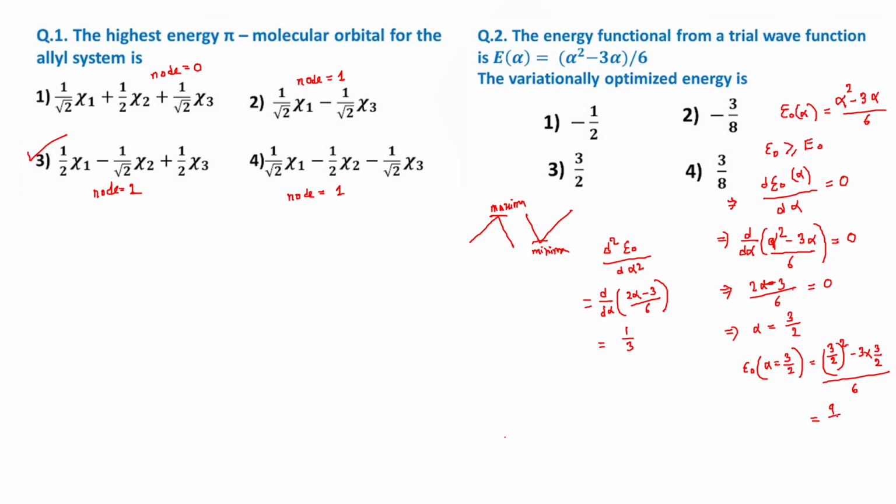We have 9 over 4 minus 9 by 2, divided by 6. Am I doing it correctly? 6 is going to be 3 by 2.